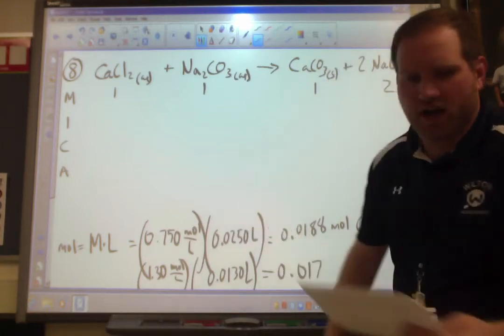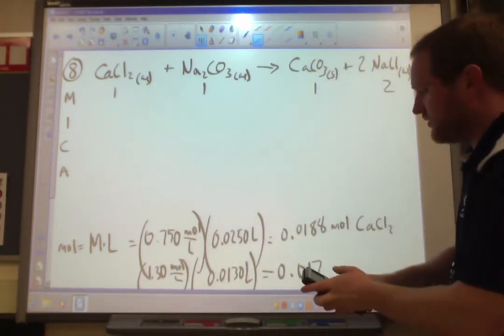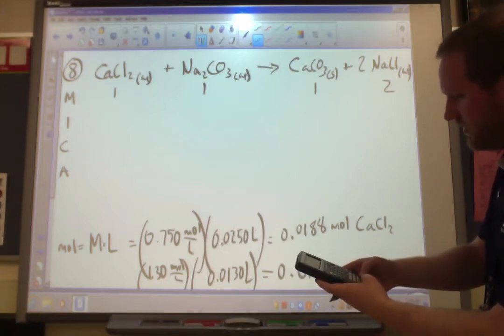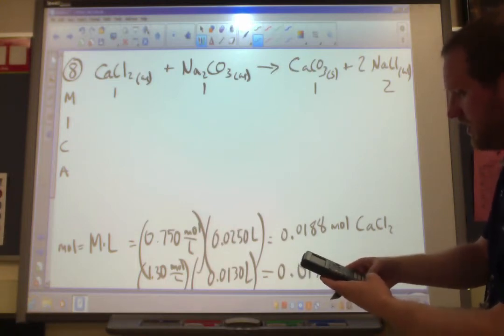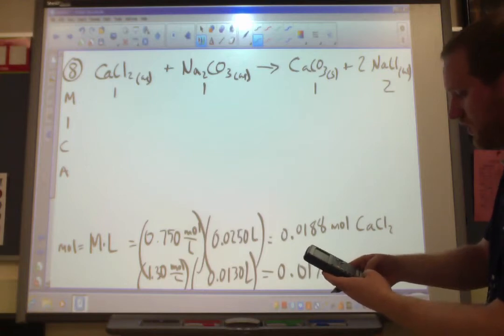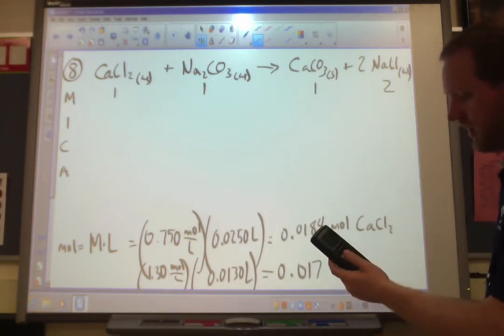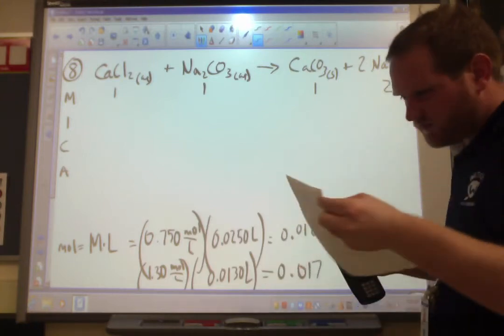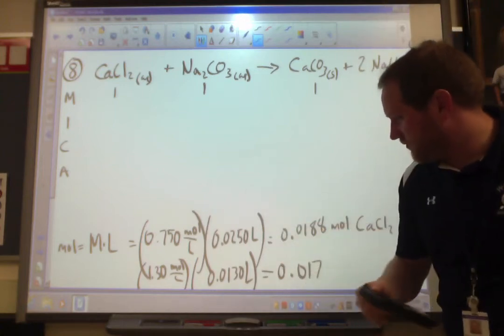0.017. My answer key got cut off on the side, so I need to actually do the math. 1.30 times 0.013. Well, according to this, it says 0.016. Now, let me just double check my numbers. Oh, I see. My molarity is off.